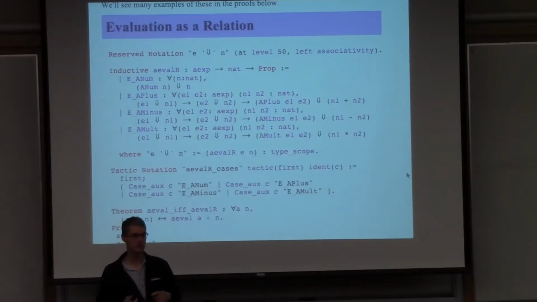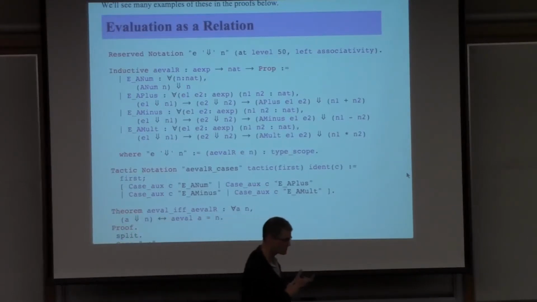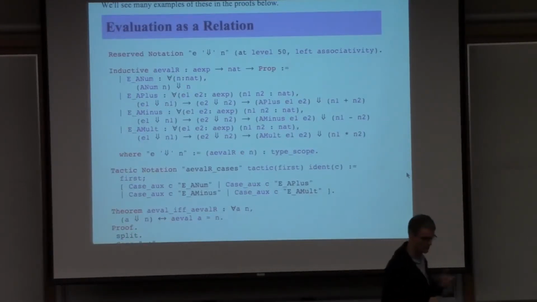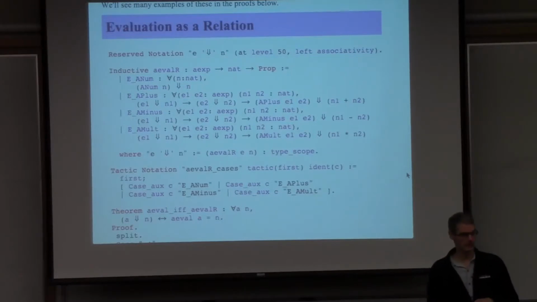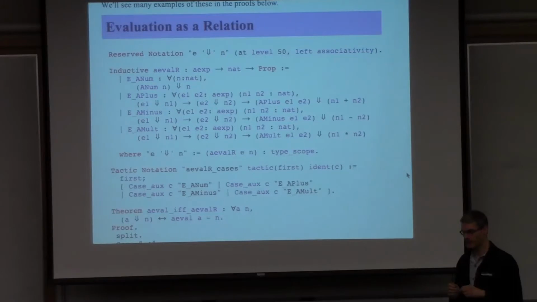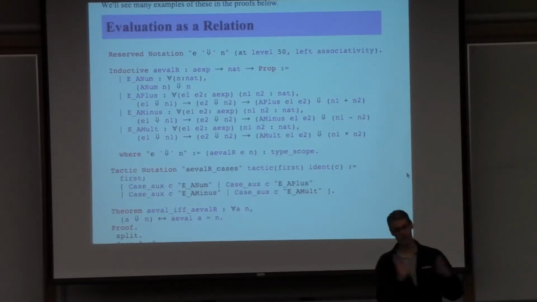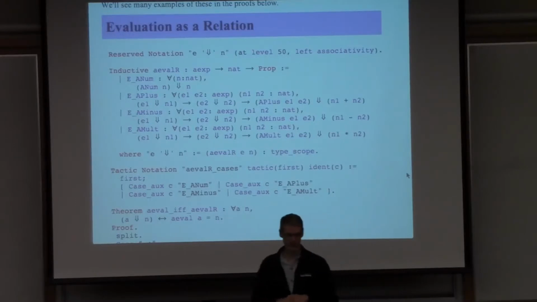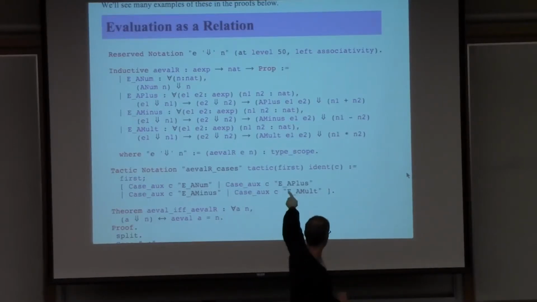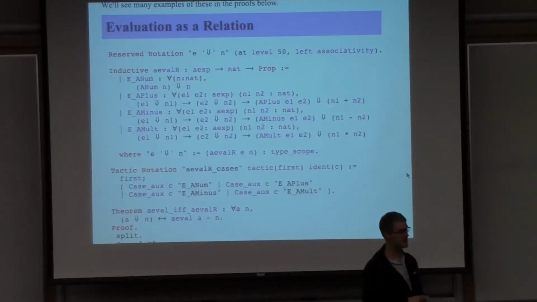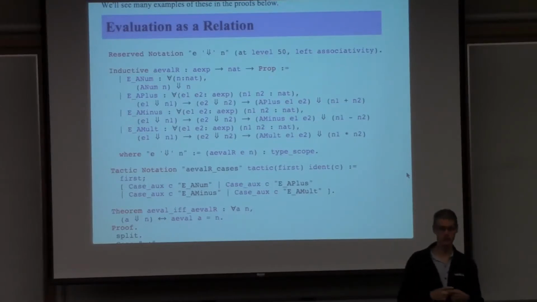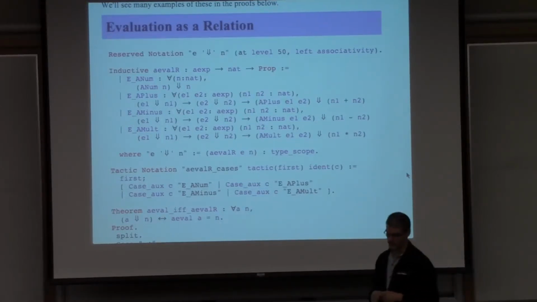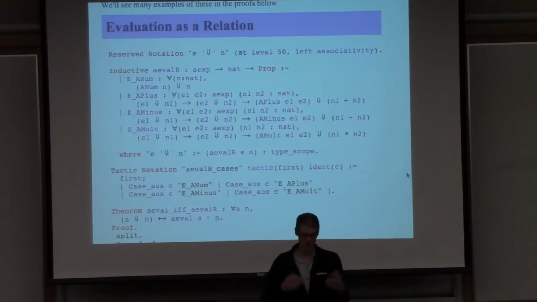So we had given the semantics as a fixed point, and then we got drawn off onto this side topic of proving that the optimization was correct, and then noticed that it would be nice to have a little automation for that. So coming back to the mainstream, here is evaluation presented as an inductively defined relation as opposed to a fixed point. And there's not too much to say about it.